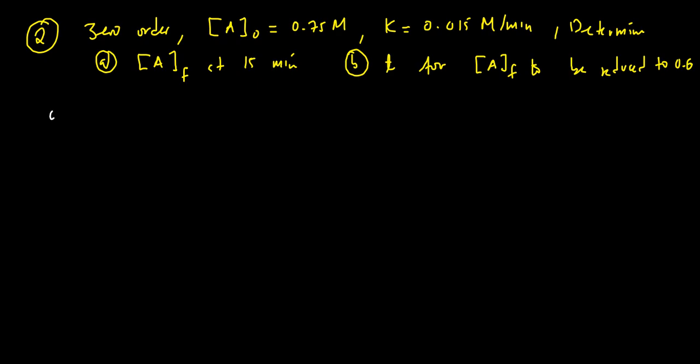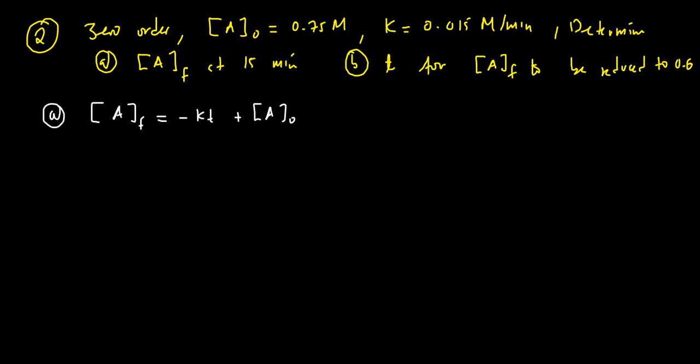Okay, so how do we answer this one? Starting with the first one, we want to find the final concentration. And we know this is a zero order reaction, so we need to know the integrated rate law. The final concentration is equal to negative kt plus the initial concentration.